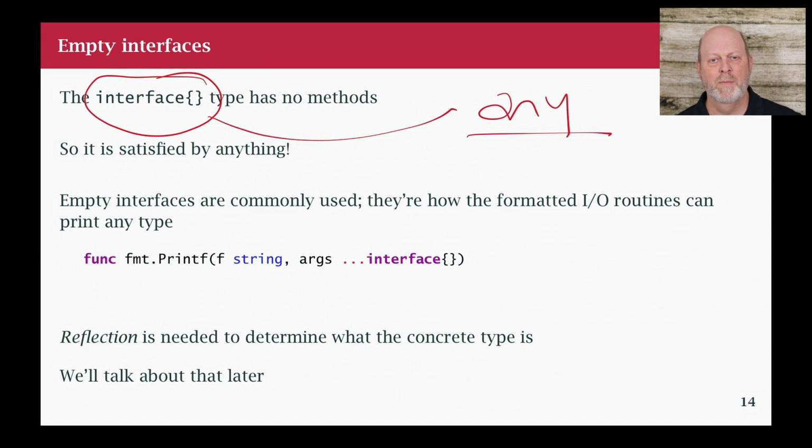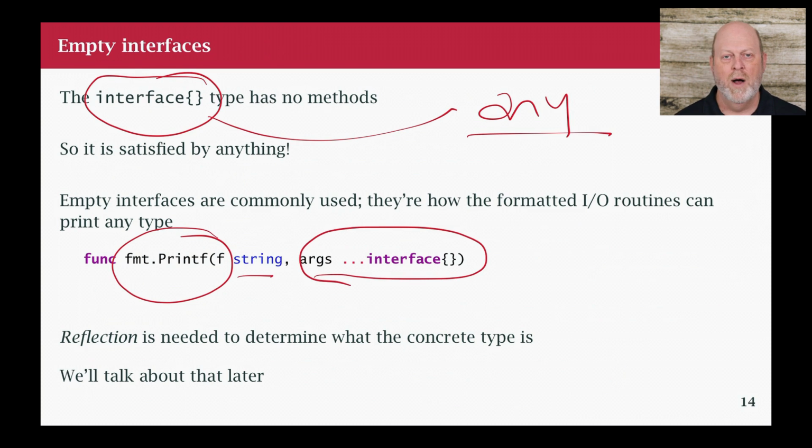And in fact, this is very powerful because this is how we do a lot of stuff with reflection. If you look at how printf is declared, printf takes the format string, and then what it takes is a list of arguments. Now, I haven't talked about variable argument lists. I'll get to that later. But what's in that variable argument list? Well, it's the empty interface.